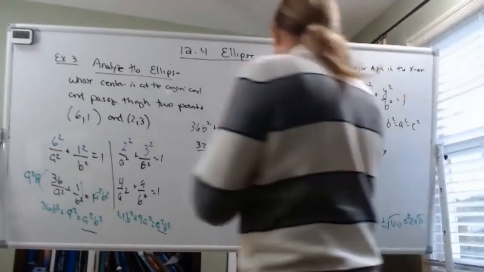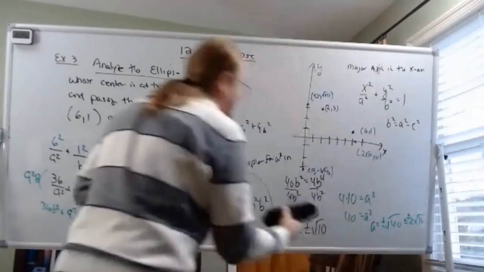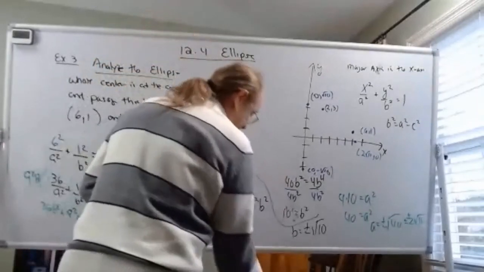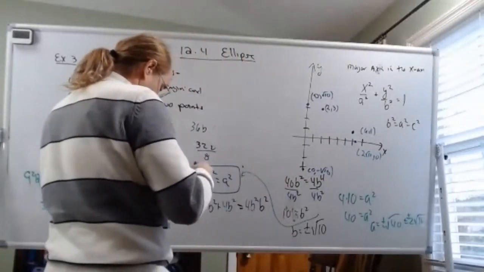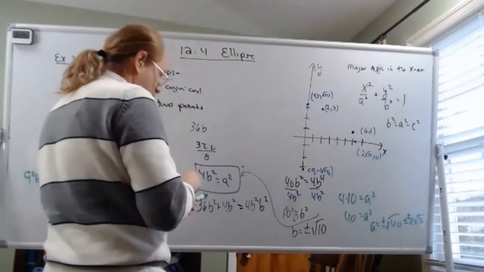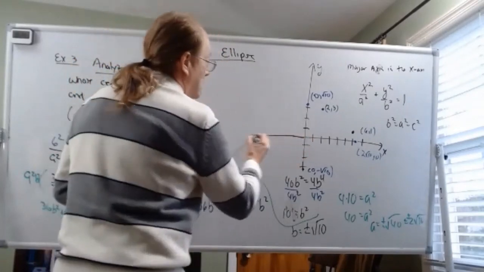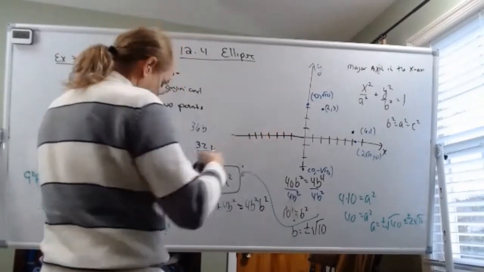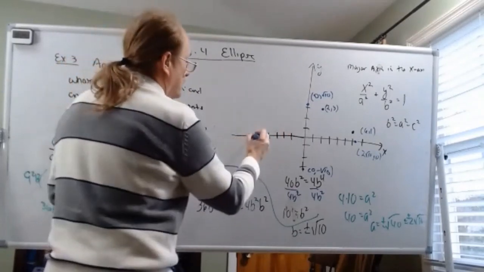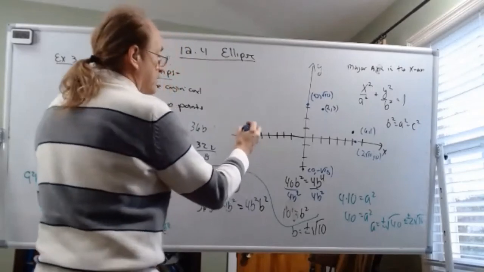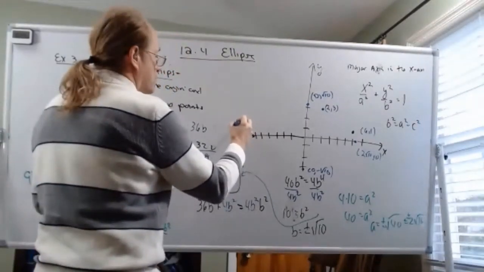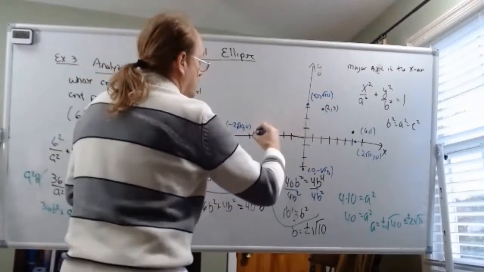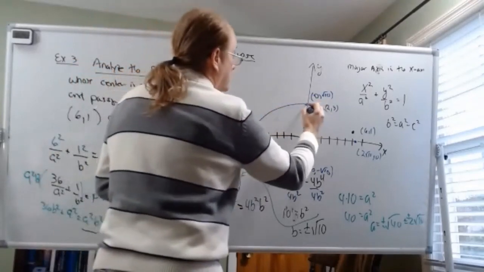And then over here, let's get rid of some of this, so at least we can see our graph over here a little bit better, to be able to put everything on the same board as best we could. So a third of the way over here, it's right about here. And that's equal to minus 2 square roots of 10, comma 0. And then we can just draw our ellipse, so I have A and B.